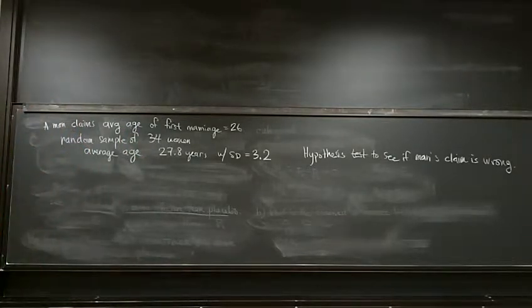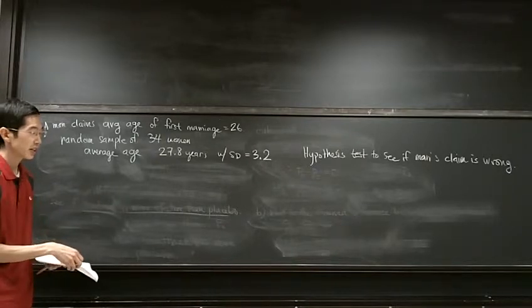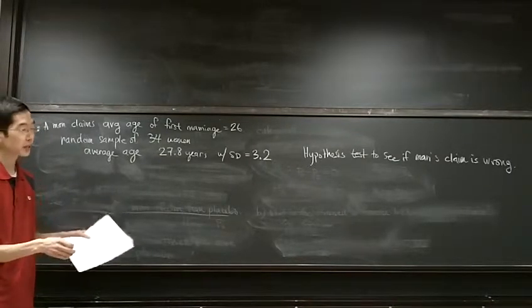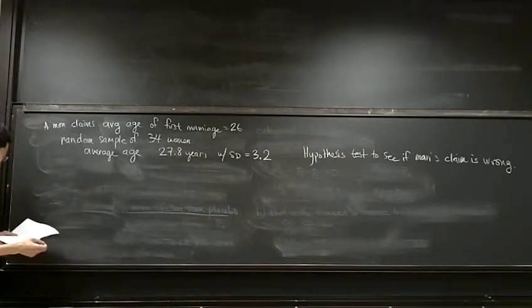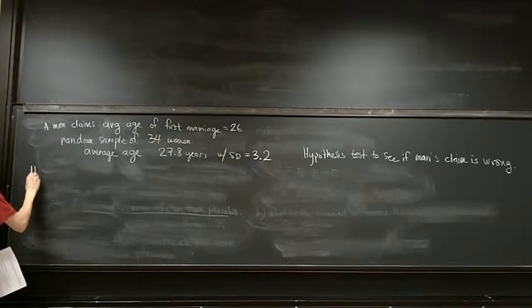Are we dealing with numeric or categorical variables? Numeric. We're looking at the age of first marriage. Do we have one sample or two samples? One sample. So what are our hypotheses?